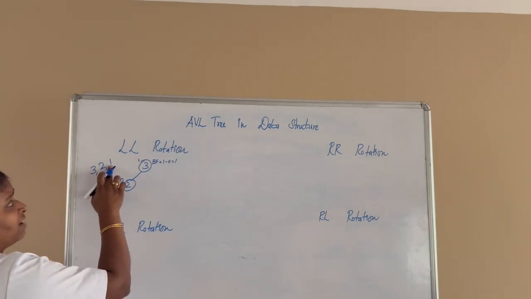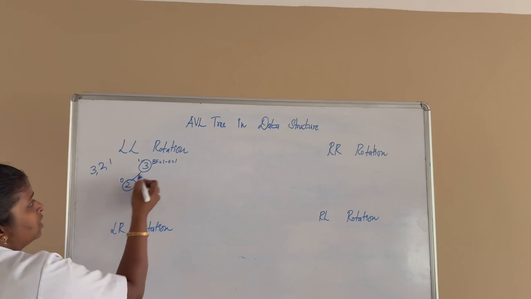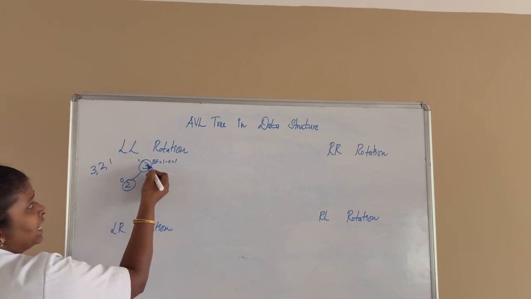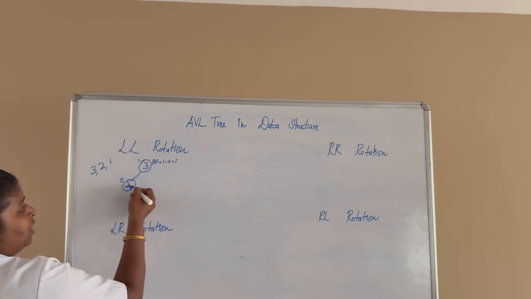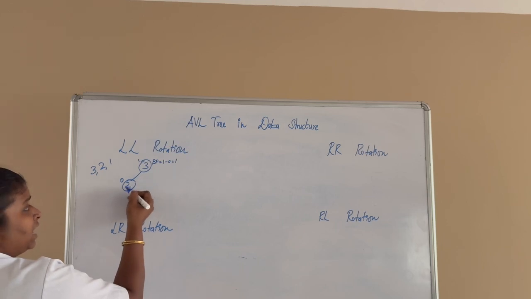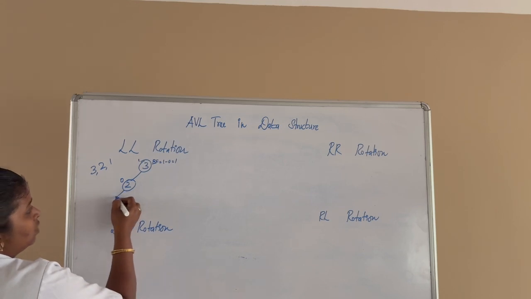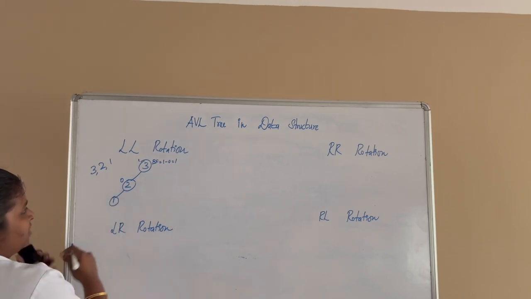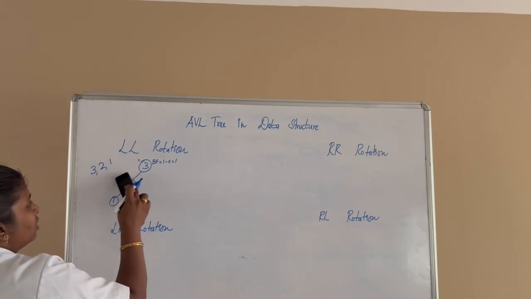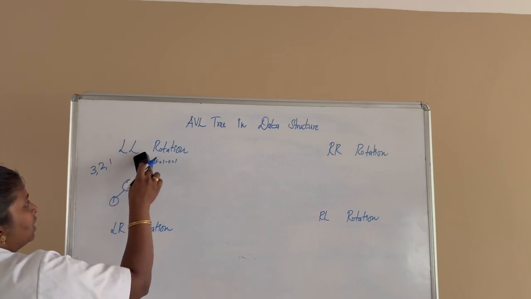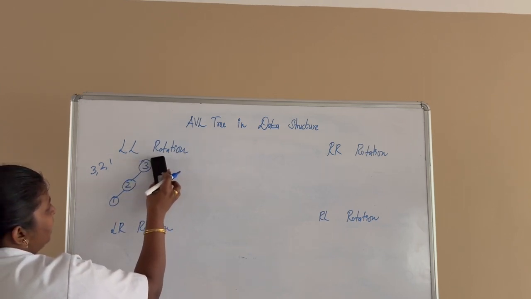We have one more element, that is 1. When we check with the root node, it is less than the root node, so it goes to the left side. We already have 2, so we check with 2. The value 1 is less than 2, so we insert it as a left child. Now we revise the balance factor once more.